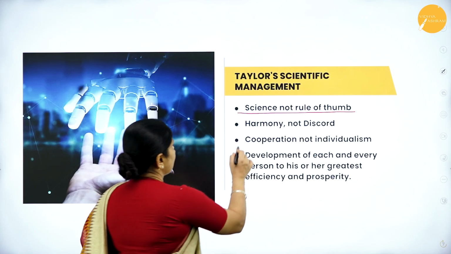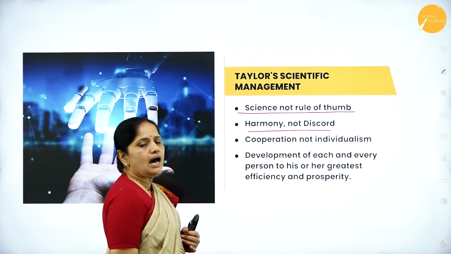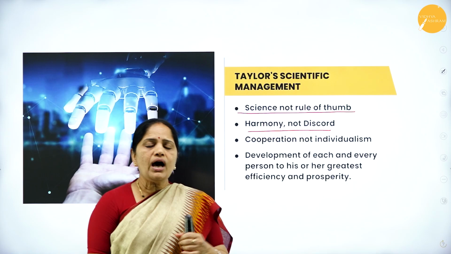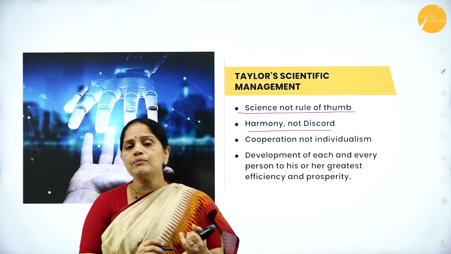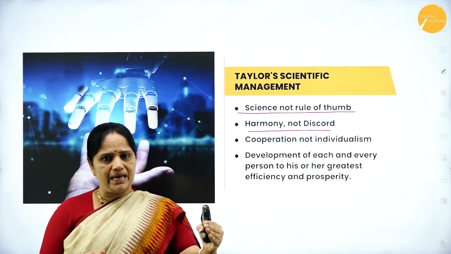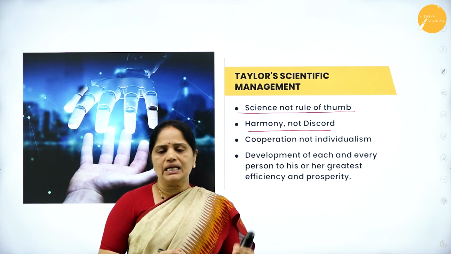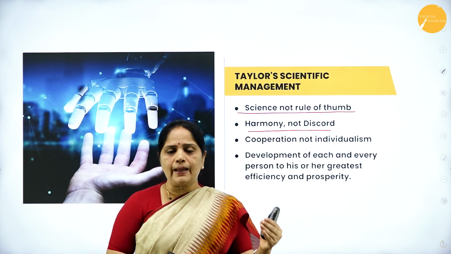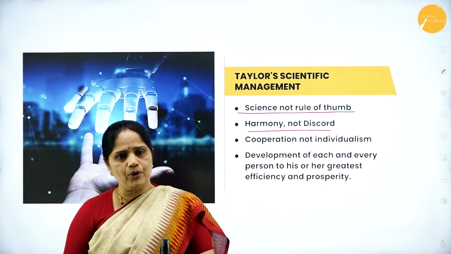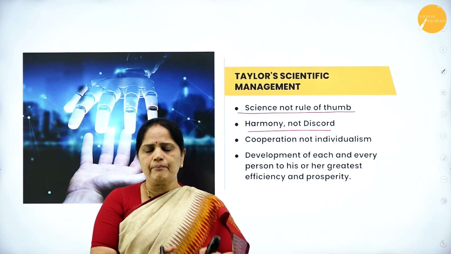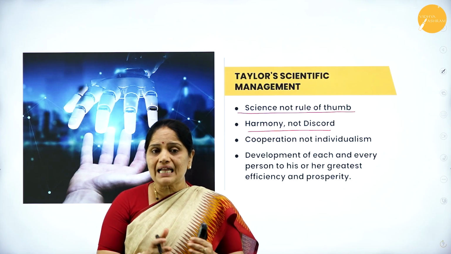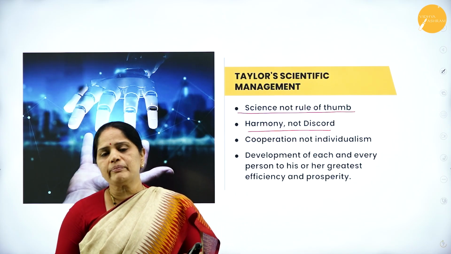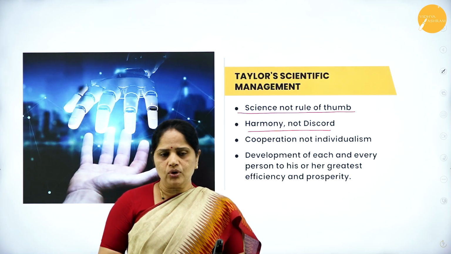Then the second important principle is harmony, not discord. Now, harmony between whom? The harmony between the labor and the management. Now, F.W. Taylor says that there should be a spirit of harmony between the employers and the employees. Until and unless the employers and the employees work hand in hand, there cannot be any benefit for both of them.